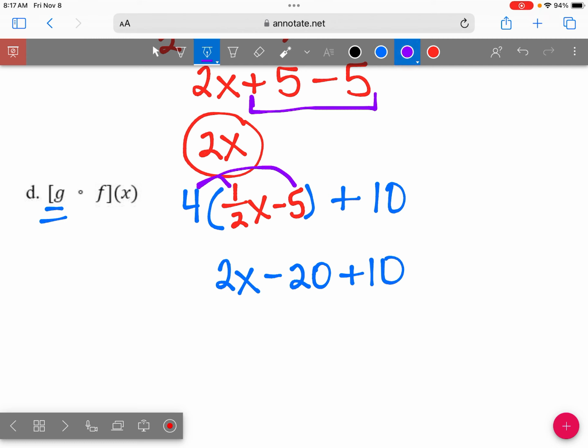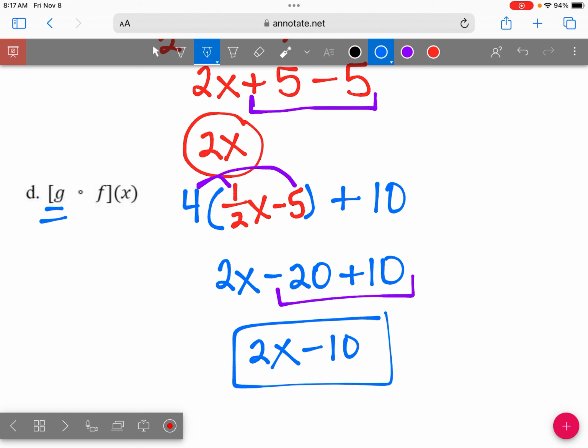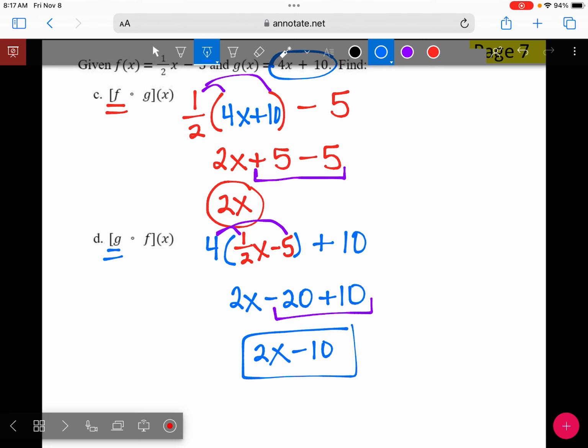And go ahead and use your calculator to combine your like terms. So you're adding negative 20 plus 10. So yep, your final answer for g of f is 2x minus 10.